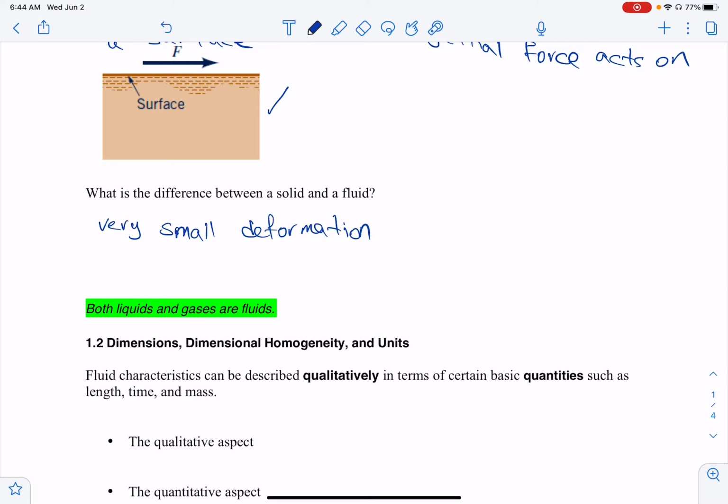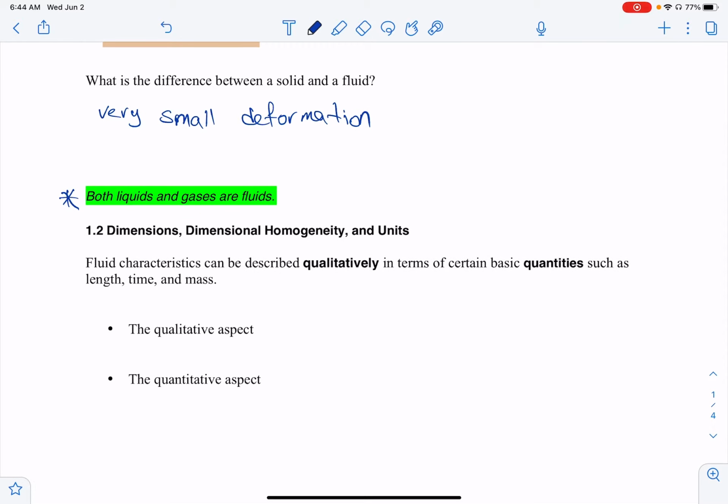But then they will not continuously deform like a flow. This is the difference between them. Also remember that both liquids and gases are fluids. Air is a fluid, water is a fluid, oil is a fluid.